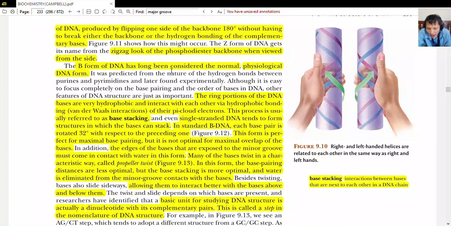That pi cloud interaction means the electrons associated with the double bond. The second bond, which is usually the py, is the side-by-side overlapping of your carbon to carbon double bond, or probably your nitrogen and carbon. So that's from molecular orbital theory.